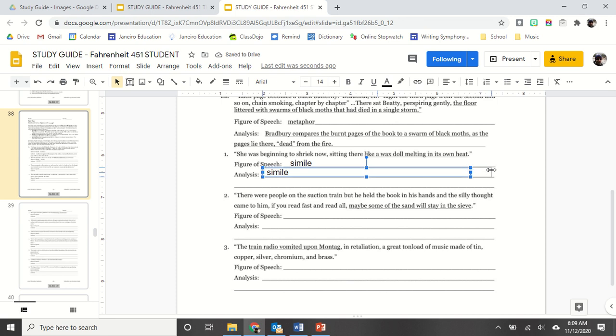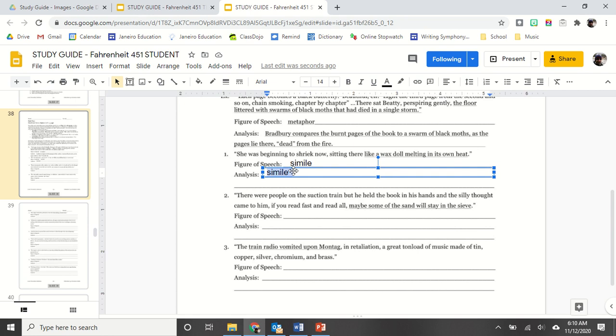And so a doll made out of wax set in the heat too long would also start to melt. Wax dolls were a common thing back in the 1950s when the book was written. You can imagine, if a wax doll was alive and melting, it would probably be screaming very loud and in a very panicked manner.